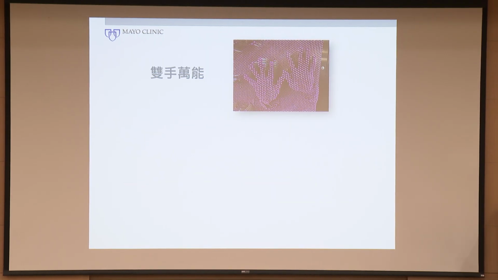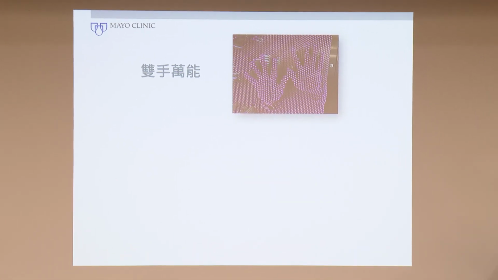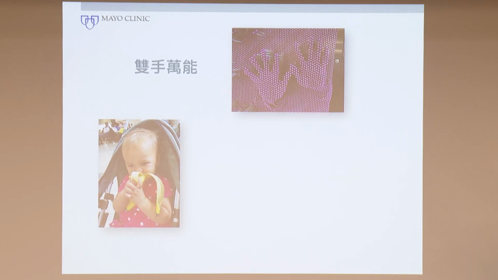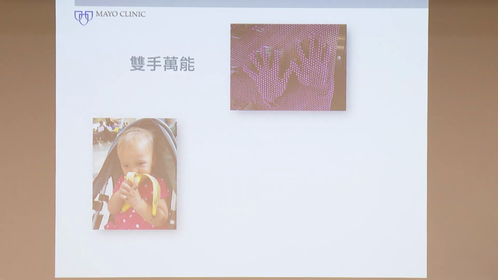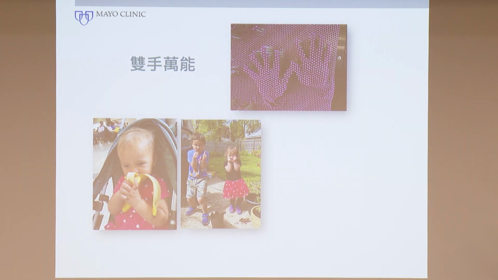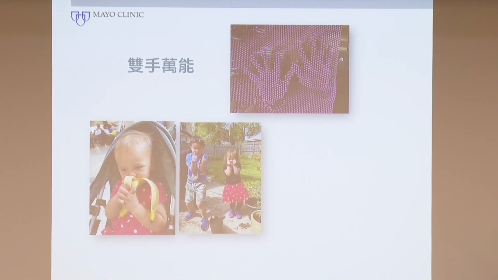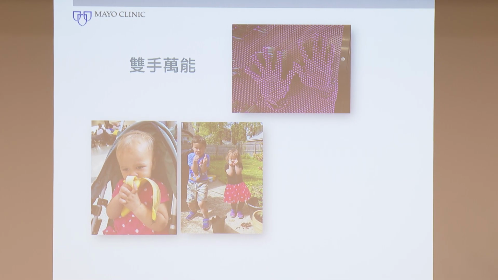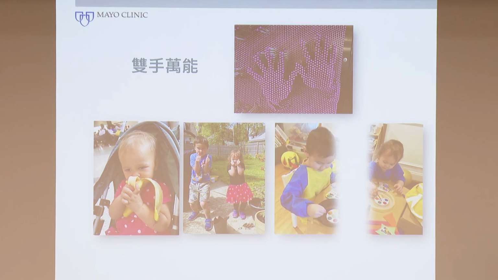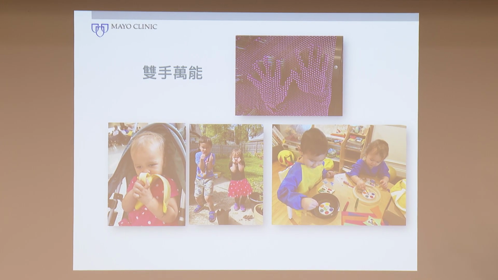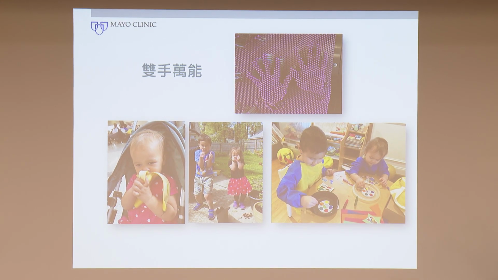Of course, we are talking about hand. This is a hand of my granddaughter. As you can see, we can use our hand for our daily living. We can use our hand to express our emotion, and so on and so forth. Finally, of course, we have artists. They can use their hand to not only paint and draw, they can play instruments as well.